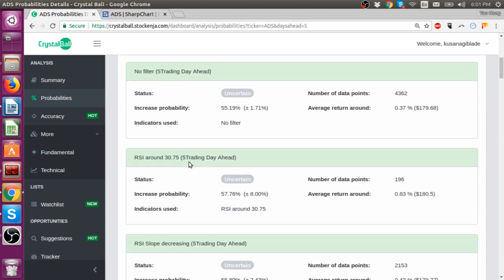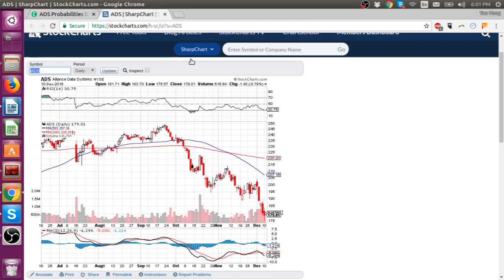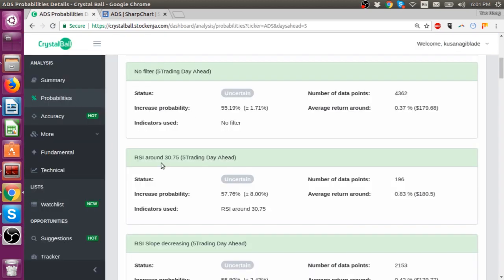So if we buy it like end of today, or if we are able to buy it at 179.01, then 5 days later, based on the RSI around 30.75, the probability of being higher than that price is around 57.76%. Okay, so this is slightly better than using no indicator at all. So just using the current value of the RSI doesn't give me enough confidence that a reversal might happen.